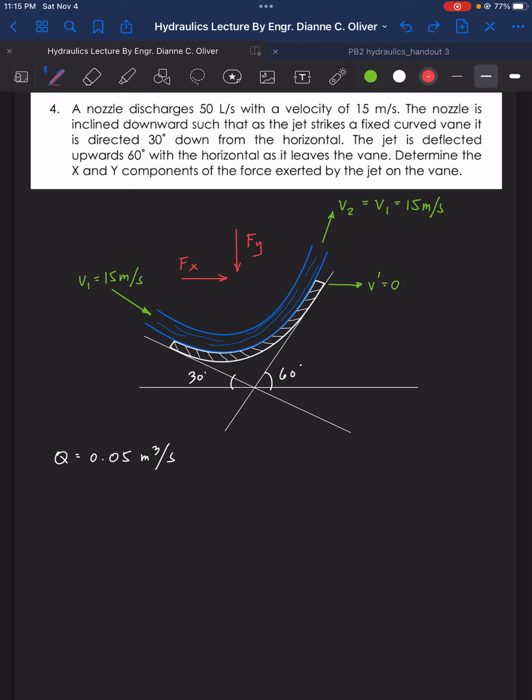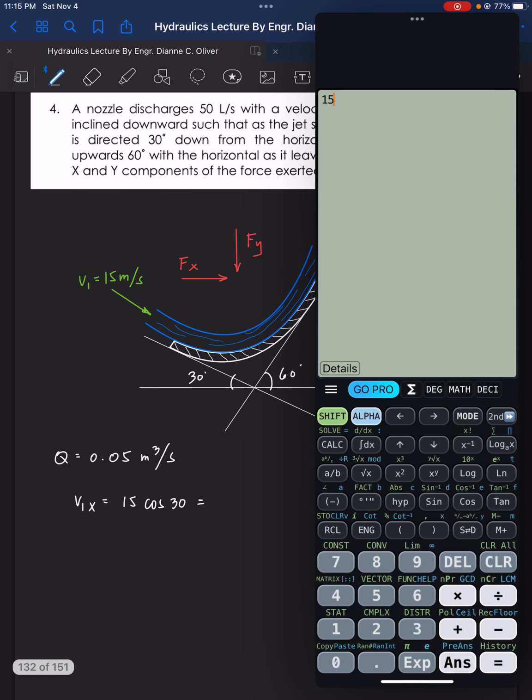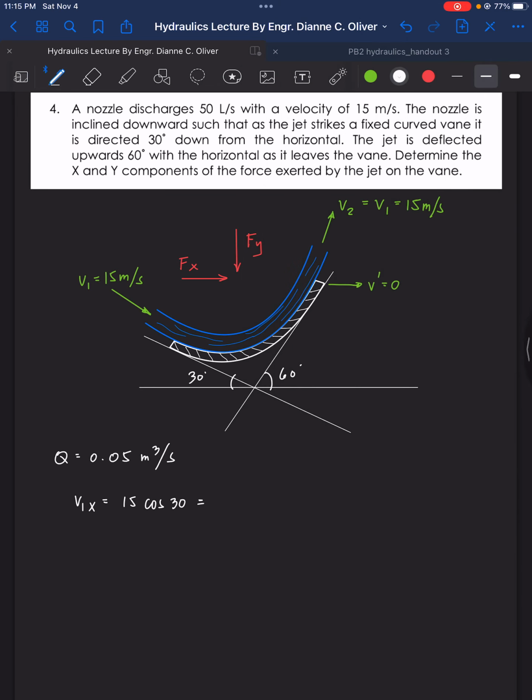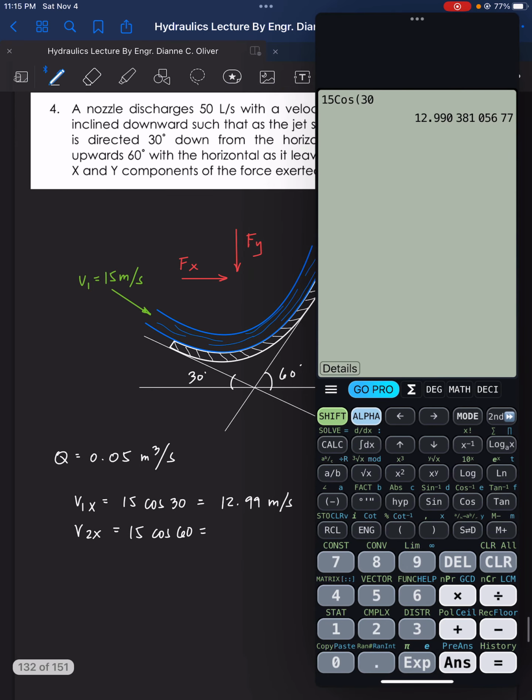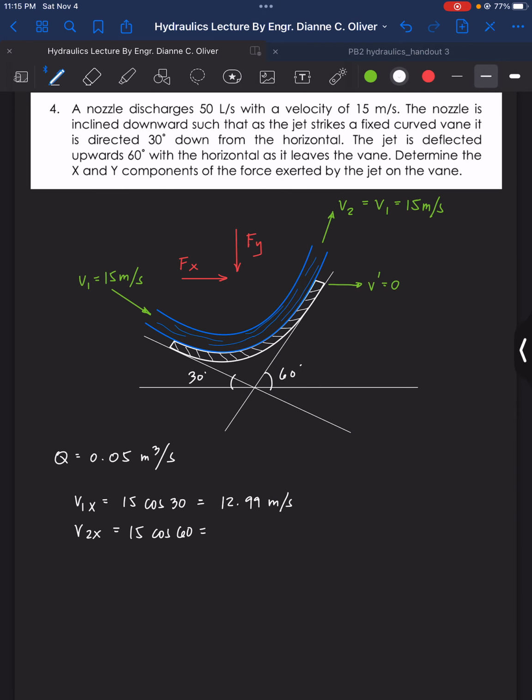So V1x here is simply 15 cosine 30. That is 12.99 meter per second. V2x is equal to, that is still 15, but this is cosine 60. That is 7.5 meter per second.